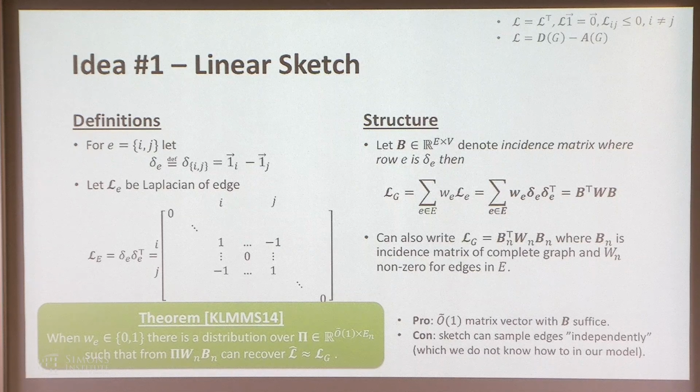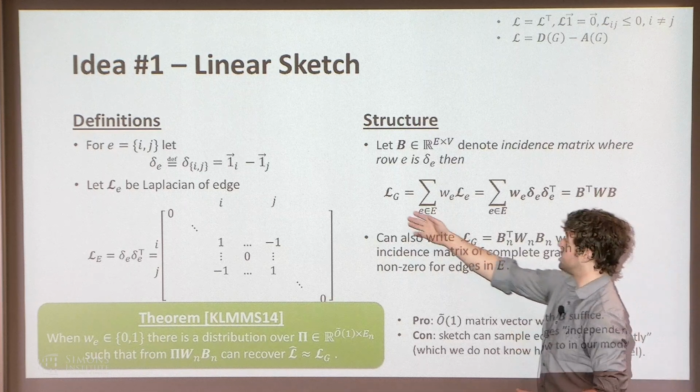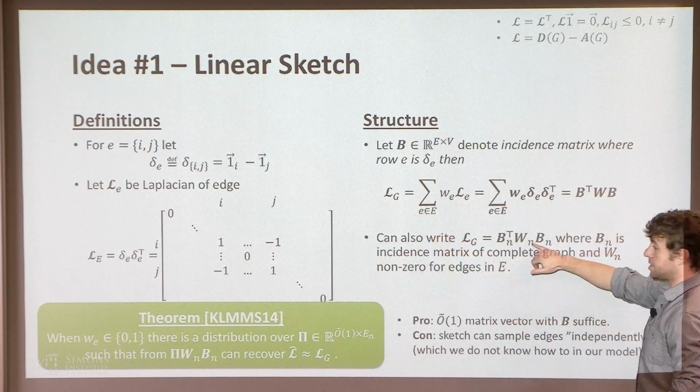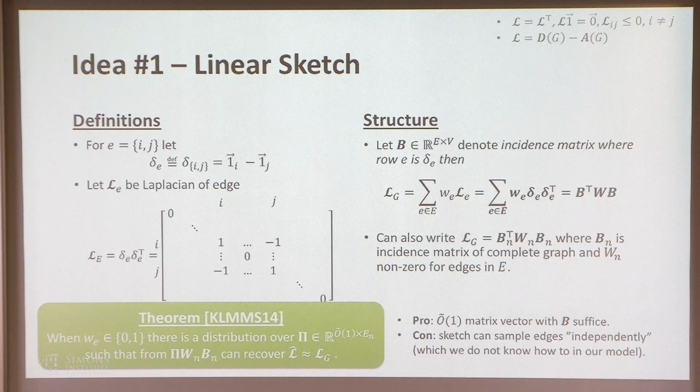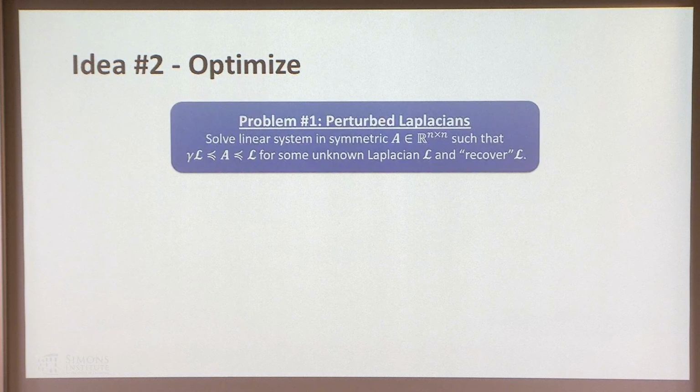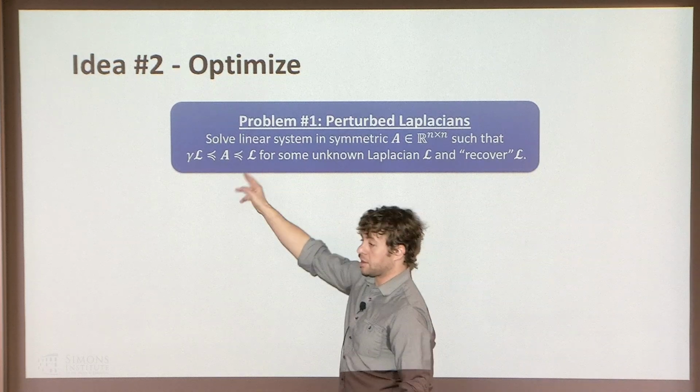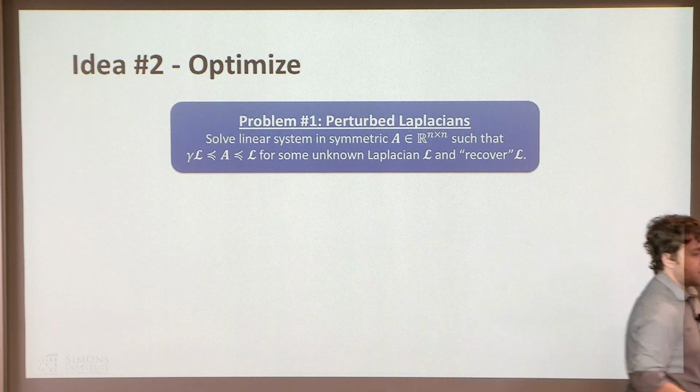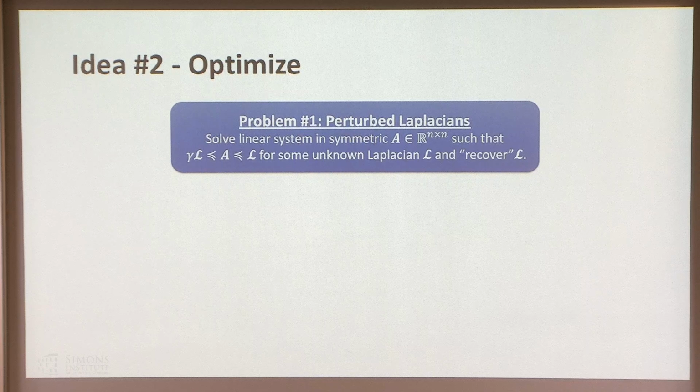But going through this analysis and thinking of what we're trying to do, this fact that we can always write every one of our Laplacians as the sum of weights of edges of a graph does suggest another natural approach. At the end of the day, for things like perturbed Laplacians, we are trying to find this matrix L that's close to A. And we could just write down the optimization problem that corresponds to that, and that's just some semi-definite program.